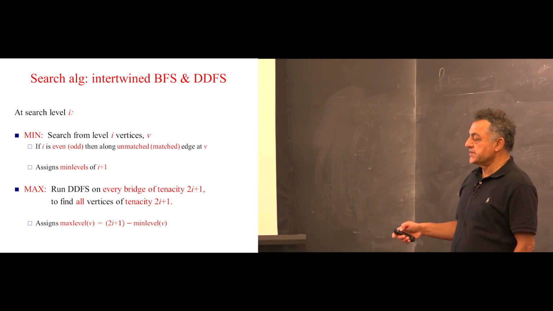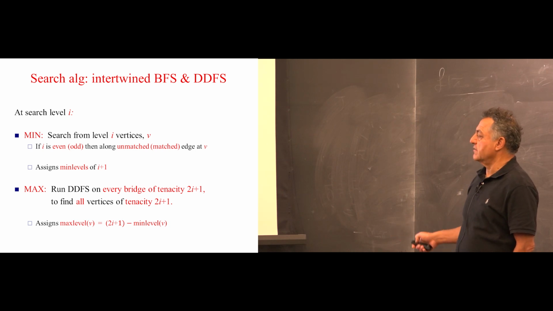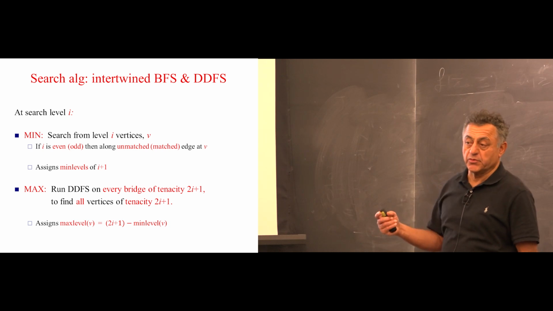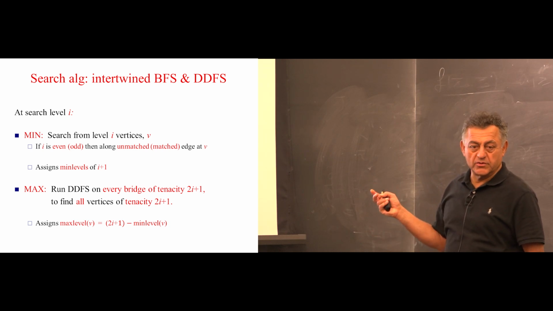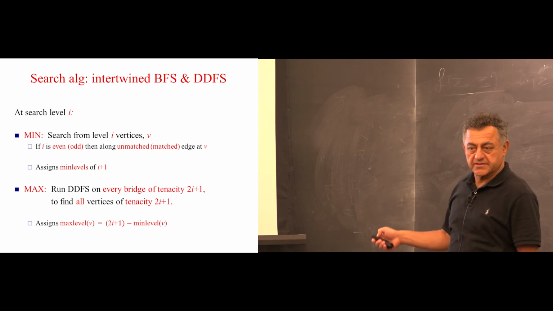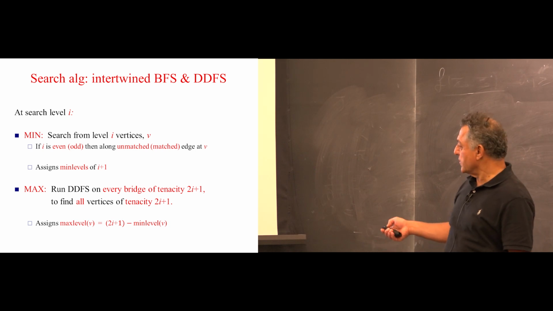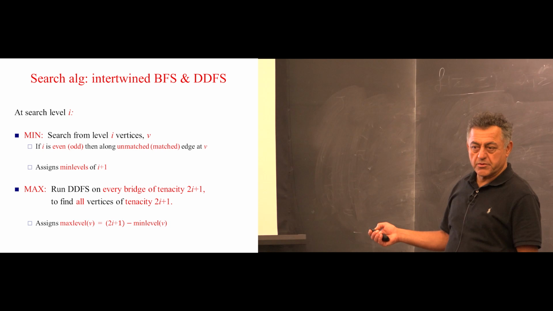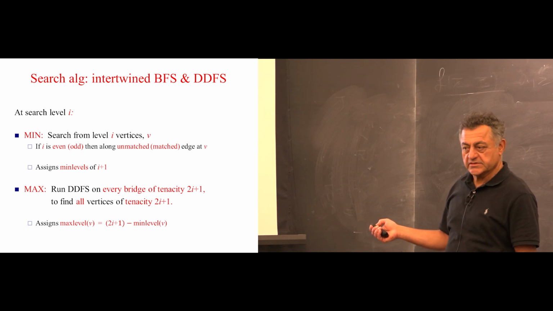So, the question is, will this scheme work? What will be the proof? What is needed to complete the proof? Because I'm not even giving you all the statements that are needed to complete the proof that this scheme will work as given here. There's a lot of things going on here: i's and i plus 1's and bridges and props and min levels and max levels.